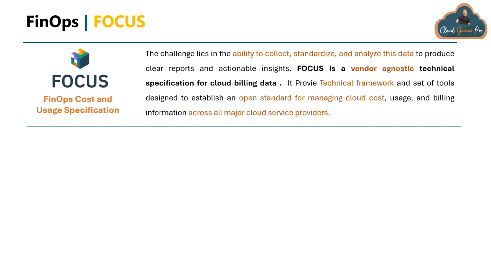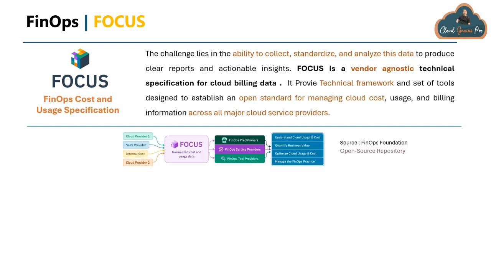So today let's assume that you are having a multi-cloud engagement where you are getting different reports from each hyperscaler. It is very difficult for you to read and consolidate those reports, but FOCUS will give you the ability so that you can collect the different reports, normalize or standardize them, and consume those reports for easy analysis.